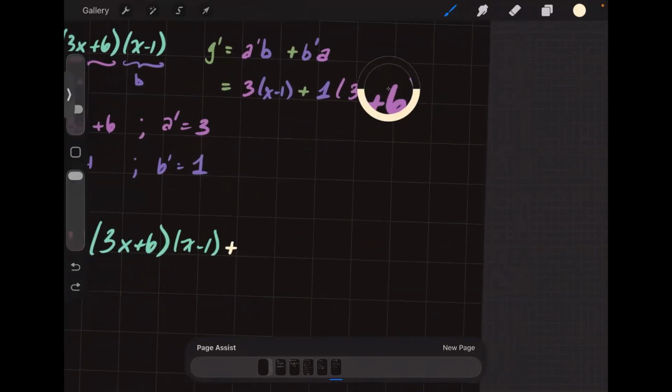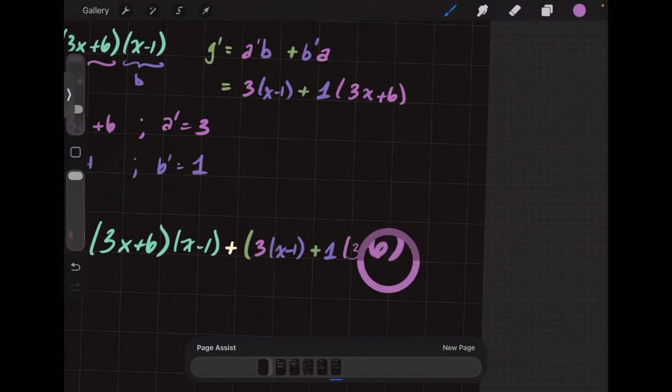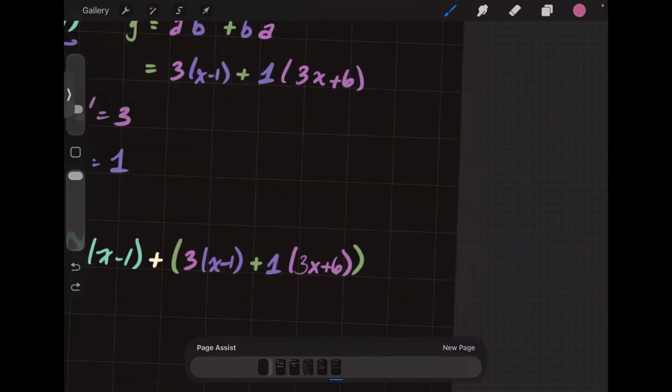This guy in parentheses. So it'll look like 3 times x minus 1 plus 1 times 3x plus 6, g prime. You want to multiply it by f, which is going to be 2x plus 9.